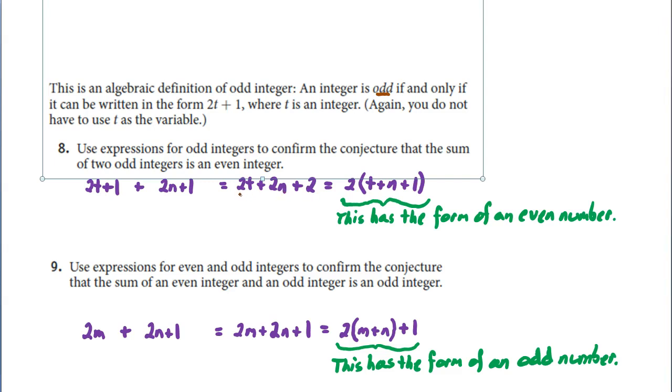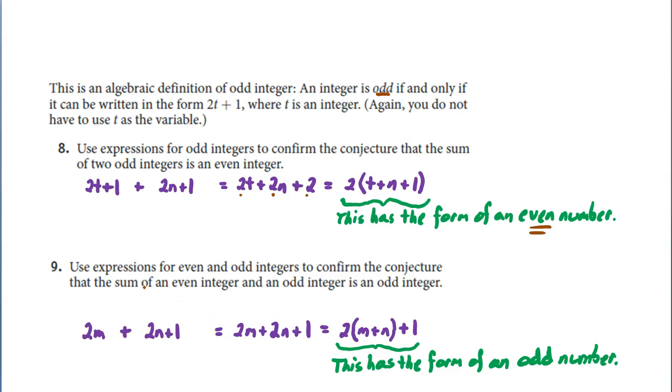And again, there's a common factor of 2 that can be factored out of the following 3 terms. This structure fits our definition of even numbers, where we have 2 times any integer. If you add up an integer plus 1, you're guaranteed to get an integer. So this is 2 times some integer here, and that is the form of an even number.